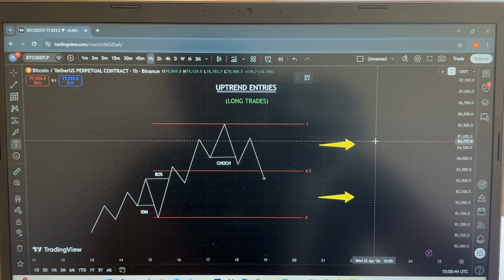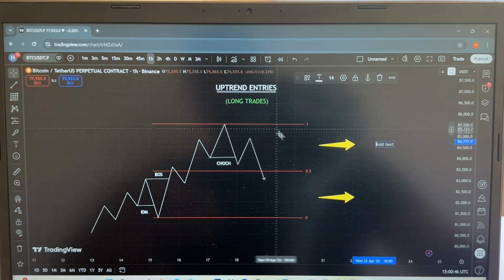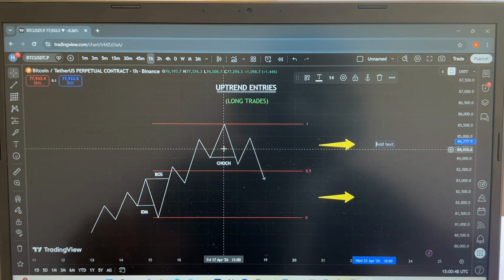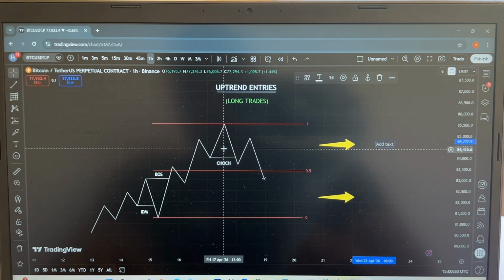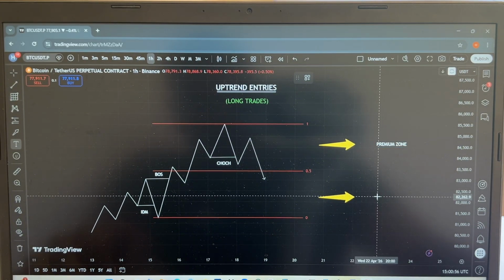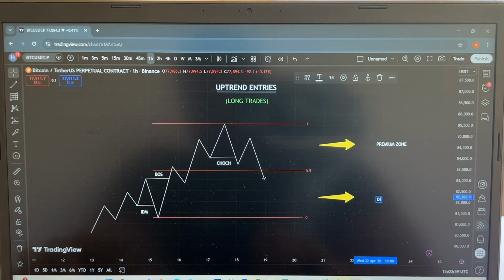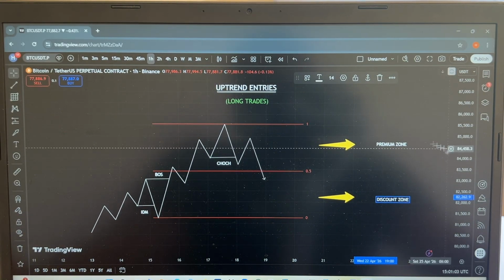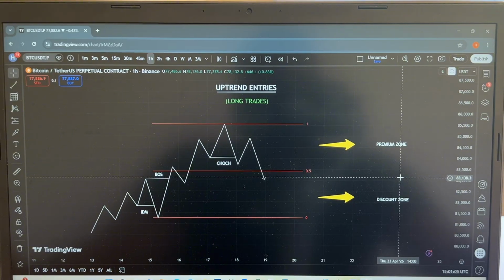There is a name for each part. The top part is always called the premium zone, and the lowest part is called the discount zone. Now, why I gave two names for these two parts, let me get to it.